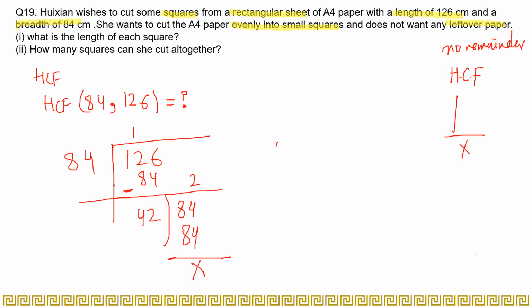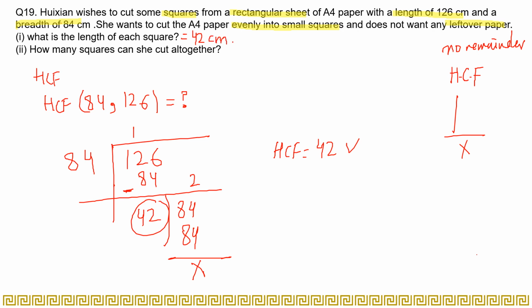So that means the HCF is 42, right? This is the HCF, and basically this is my answer for the first part, that is the length of each square he is gonna cut from the A4 paper is 42, and the unit will be, of course, 42 centimeter, right?